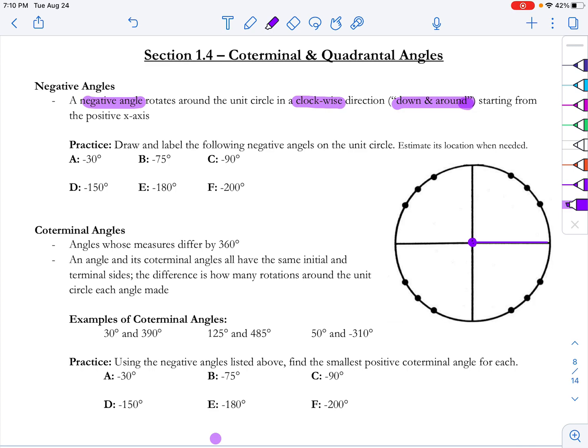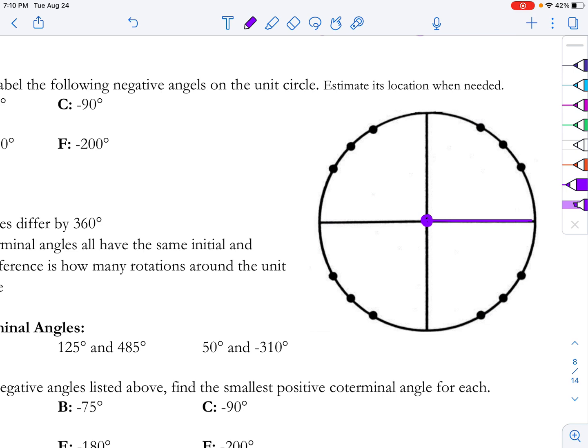So for example, negative 30 would rotate, if we follow the same measurement of the dots, like this is positive 30, 45, 60, we could do the same thing. This would be negative 30. From here to that first dot would be rotating negative 30 degrees. So the negative indicates that we're going down from that initial side.